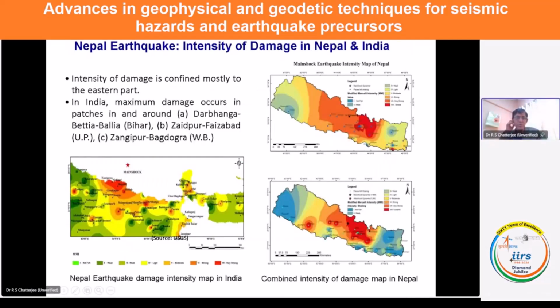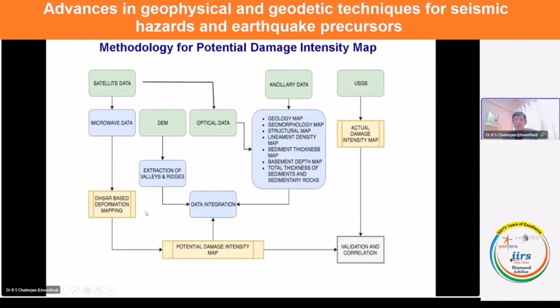Now, see this based on this MMI intensity, that is the modified Mercalli intensity values. So you can see this is the main shock damage, and this is the main shock and the aftershock damage, and this is how it has affected the Indian part that we discussed in the morning, isn't it?